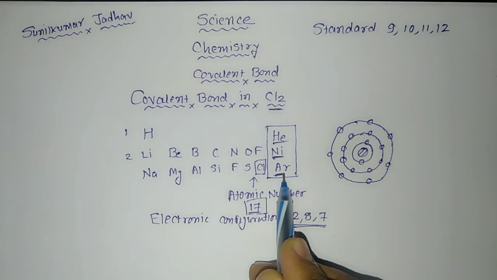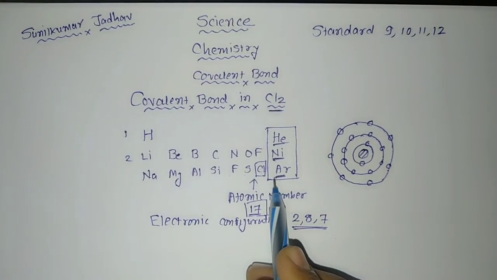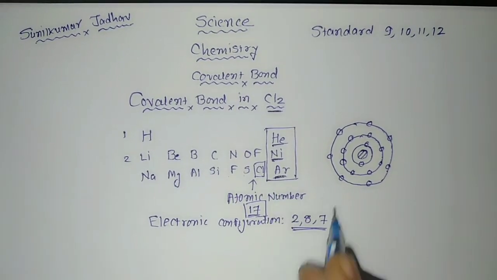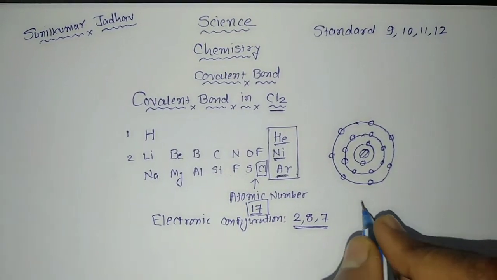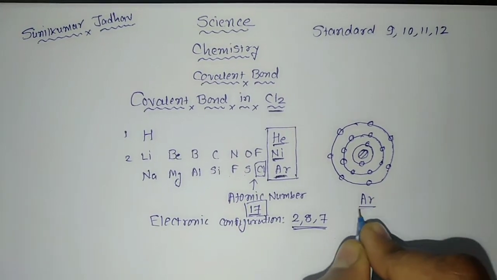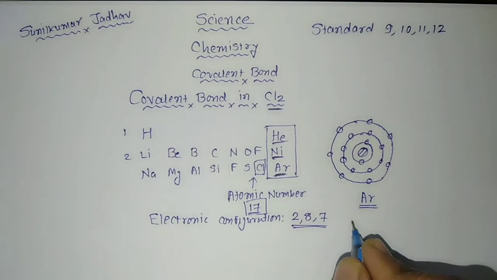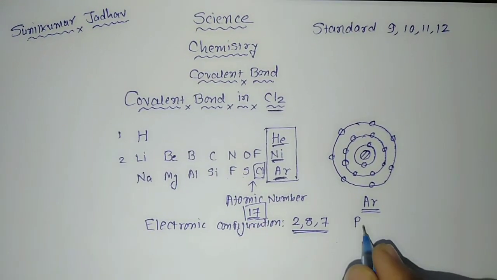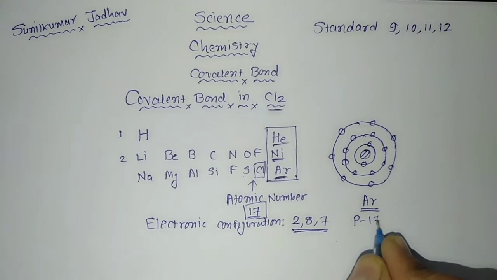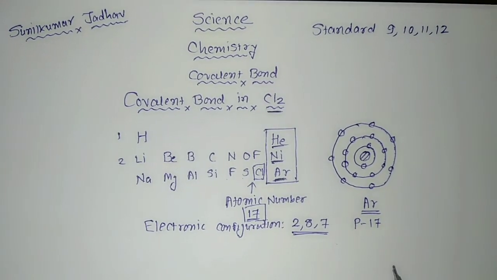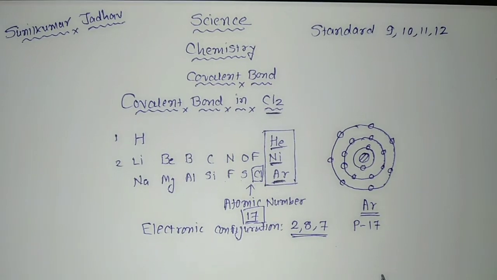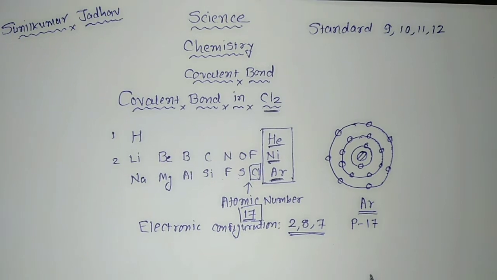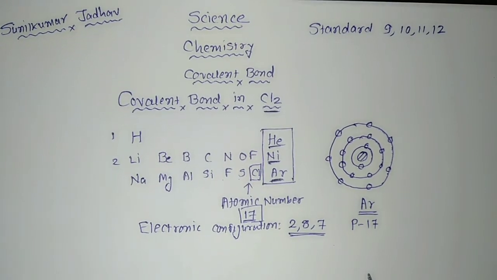Which one is easy? We can understand that if it gains one electron, it will have the electronic configuration like argon. Let us see. In that case, how many protons are there in chlorine? We know its atomic number is 17, so there are 17 protons, and 17 electrons rotating in the different orbits, 2, 8 and 7.